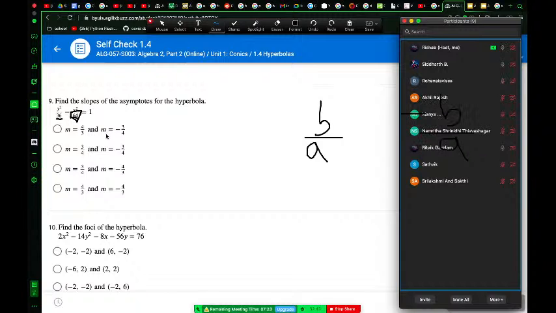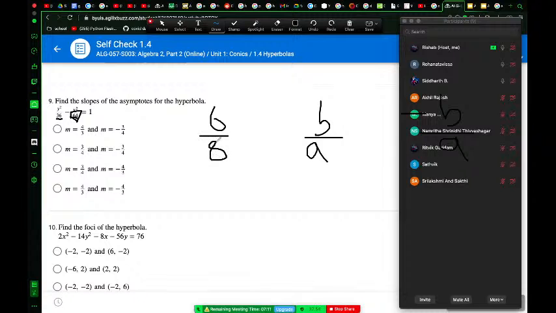I think it's the second one. Okay, let's see about that. It's 6 over 8 and negative 6 over 8, but when we simplify this, it becomes 3 over 4 and negative 3 over 4, so it is the second one. Good job, Rohana Tavisa.